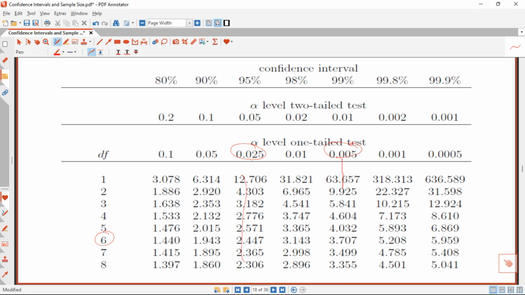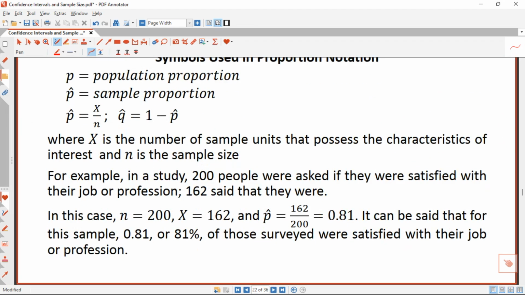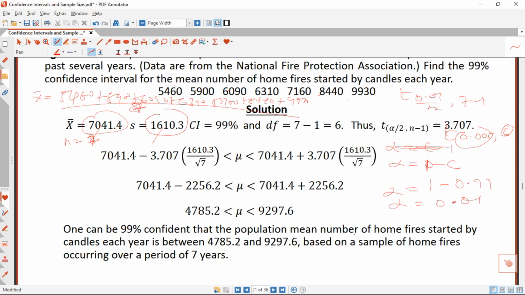You are just going to locate it, trace it to this section, and trace this one to this section too. So this is our critical value, which is 3.707, right? 3.707, right? So this is what we have.